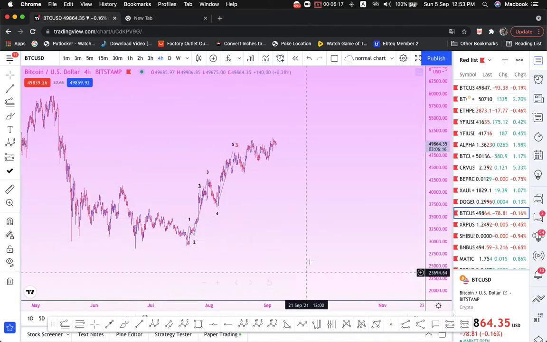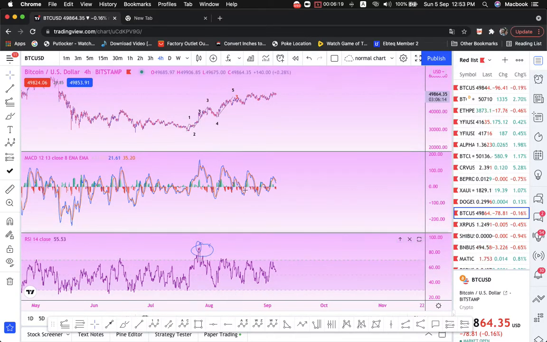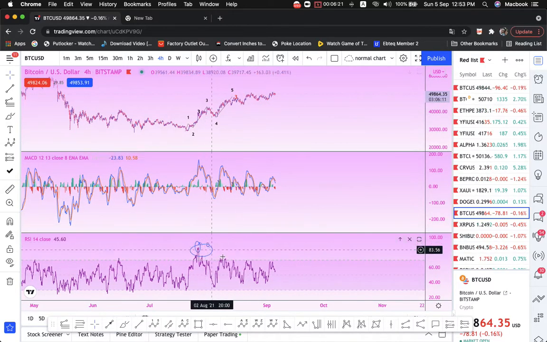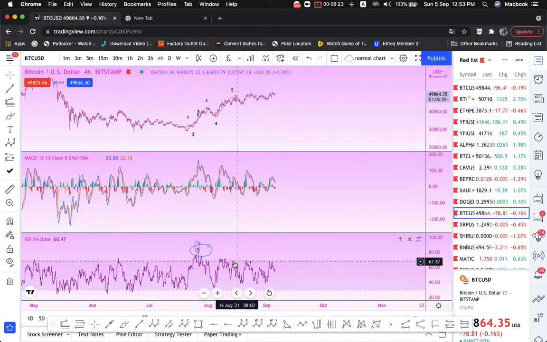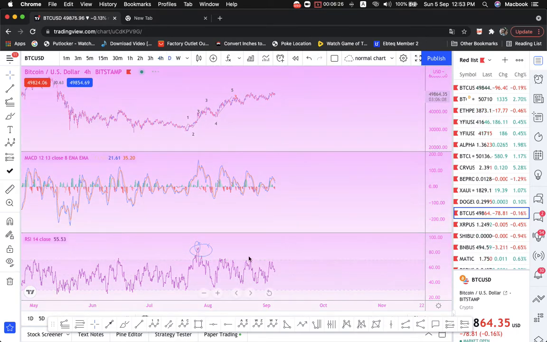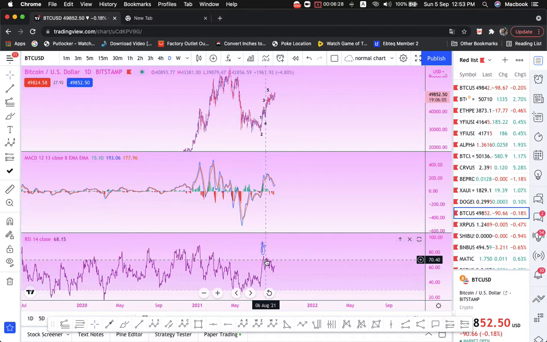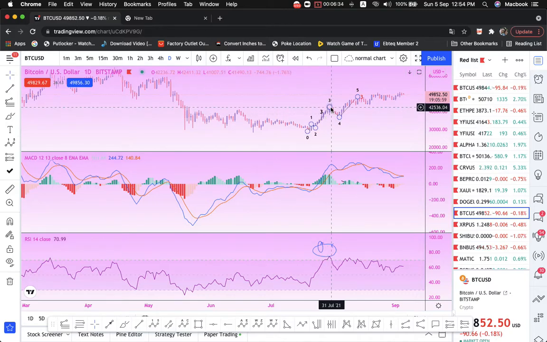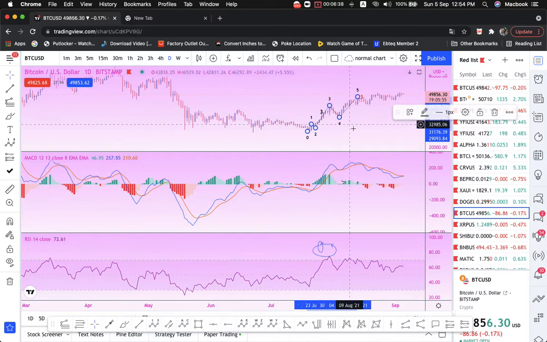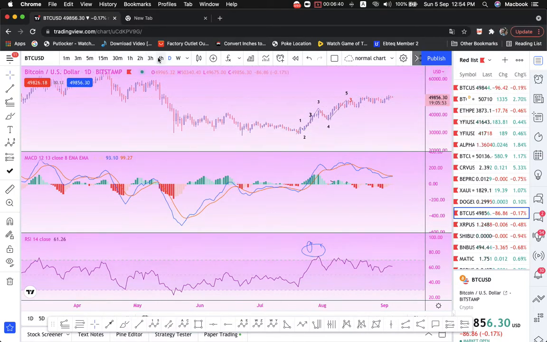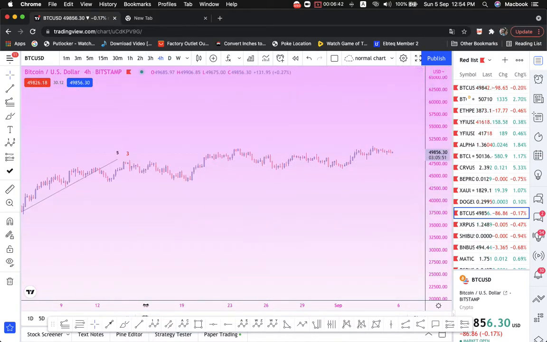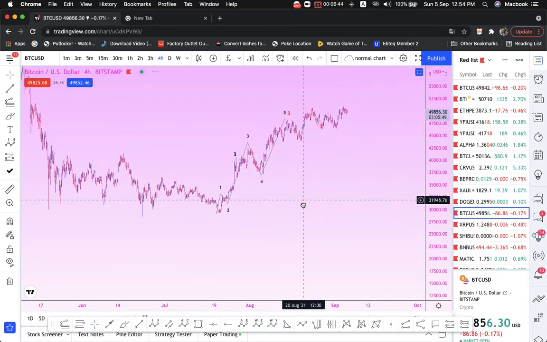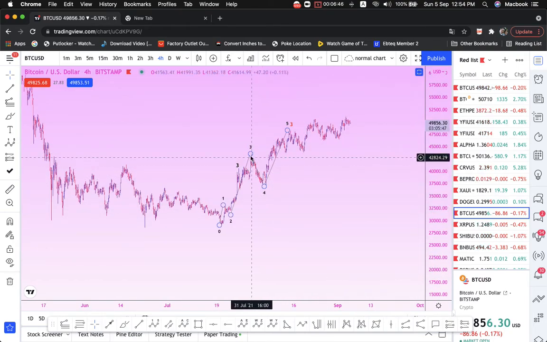Okay, but the thing is, it did not pick up on the 4-hour, but it kind of picked up right here, somewhere around right here. So if I were to guess, according to my analysis here, I believe that this is the third wave.